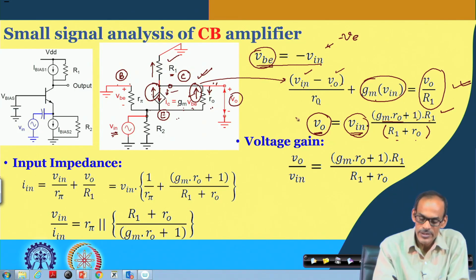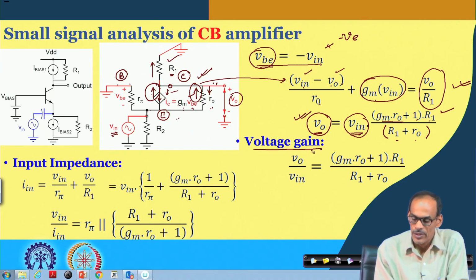So, this relationship helps us to get the voltage gain expression. The voltage gain of this circuit is (gm r0 plus 1) into R1 divided by (R1 plus ro).